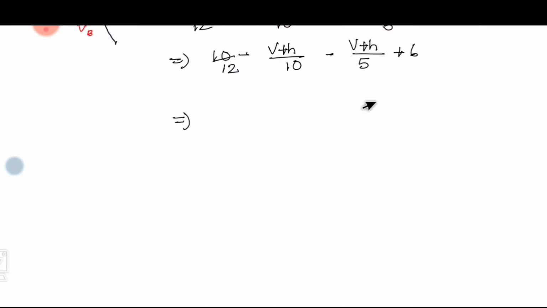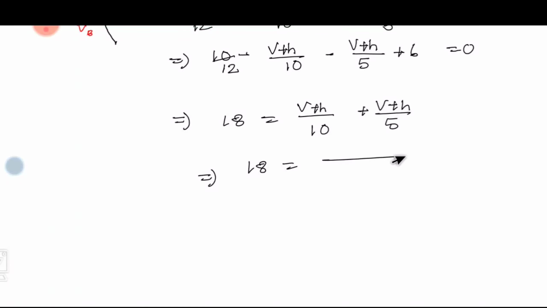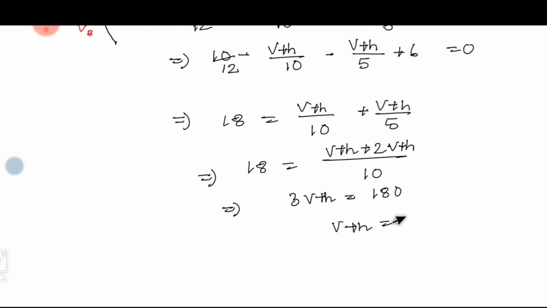So now 12 plus 6 is 18, equals VTH divided by 10 plus VTH by 5. So 18 into 10, if you take 10 as common, would be VTH plus 2 VTH. Then 3 VTH is 180, so VTH would be 60 volt.